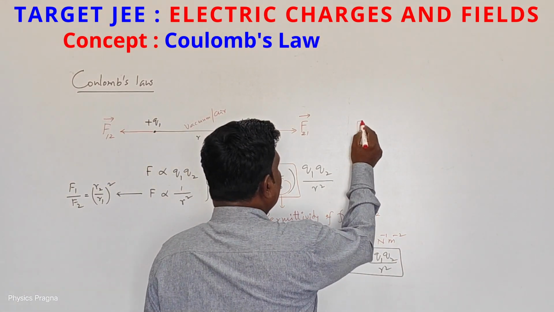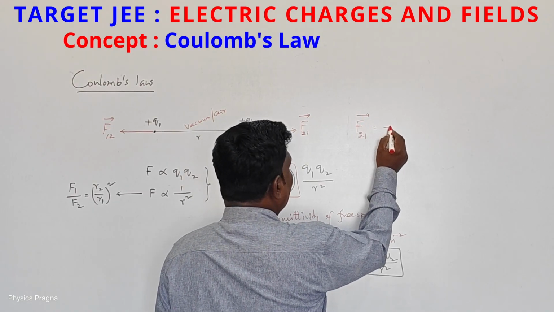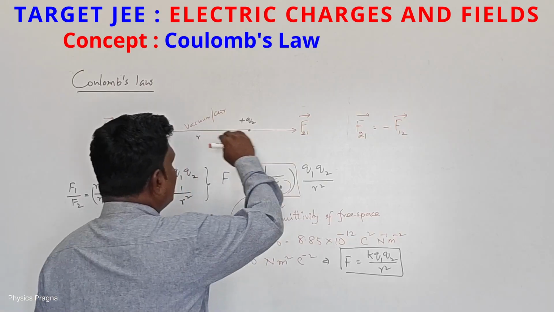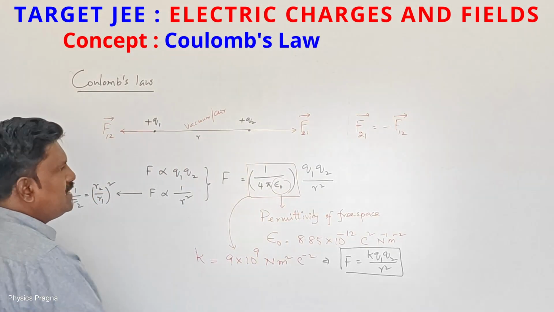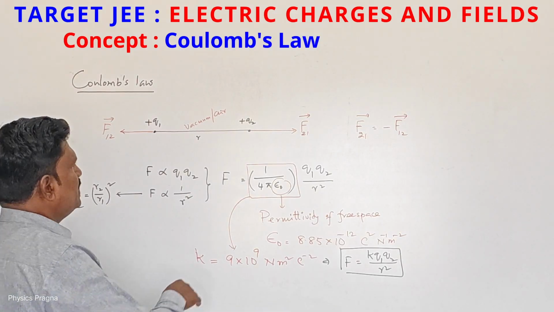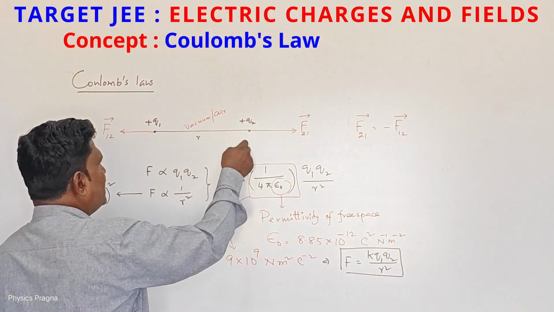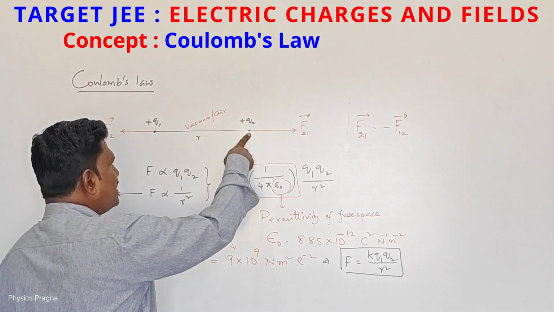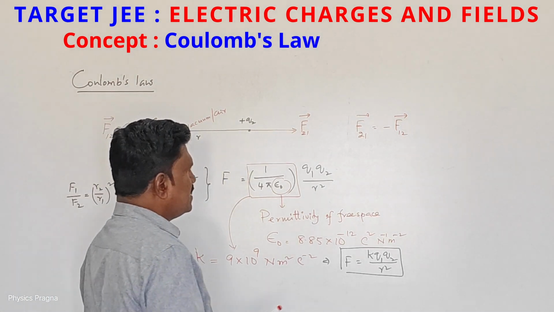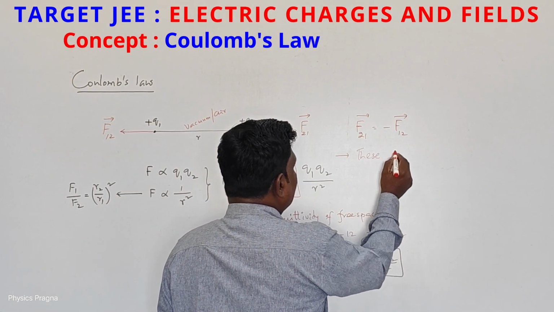So F21 bar is equal to minus F12 bar. This force is in the positive direction, this force is in the opposite direction. So these forces are equal in magnitude, opposite in direction. One force acts on one body, another force acts on the other body.